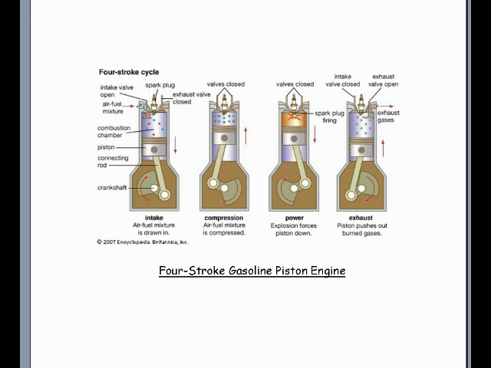Starting with the 4-stroke gasoline piston engine, there are 4 strokes of the piston to complete one duty cycle. On the intake stroke, air and fuel enter the combustion chamber.